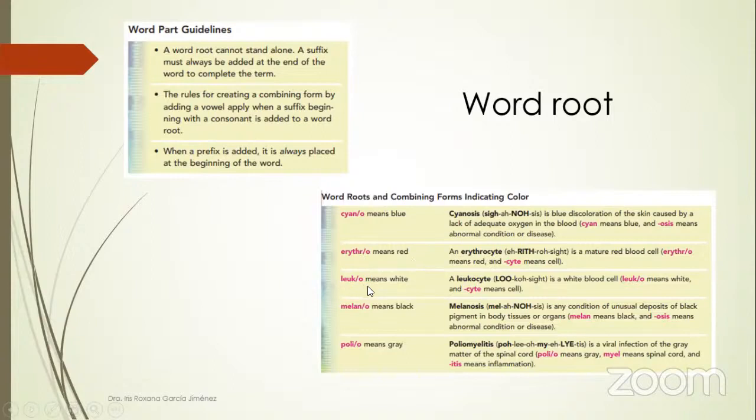Leuc or leuco means white, the leukocyte. Melan or melano means black, melanosis. So you can see how the suffixes are added. Poly or polio means gray, poliomyelitis. So you can see we have the word root, the combining form, and a suffix that is giving us the sense of the medical term.